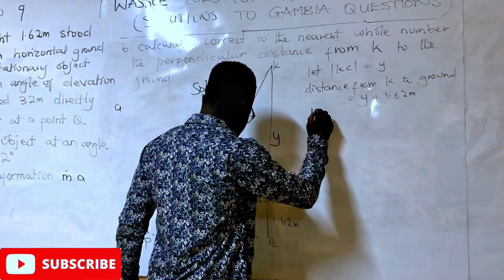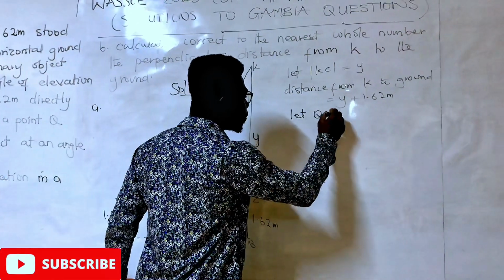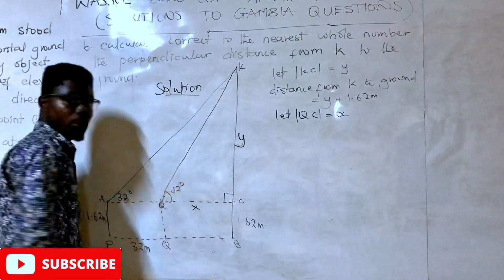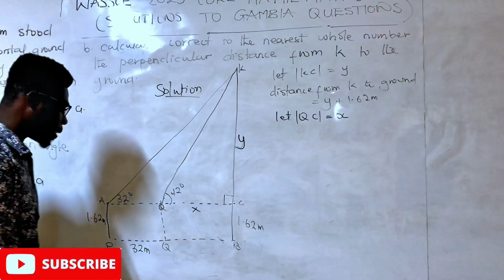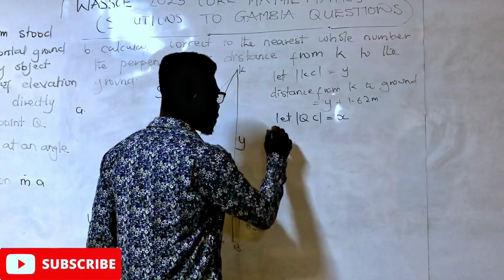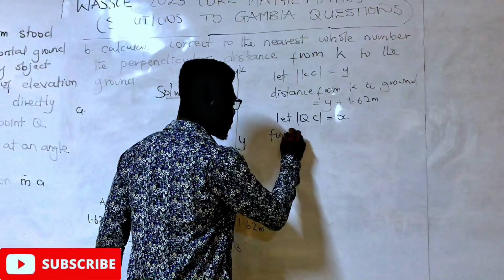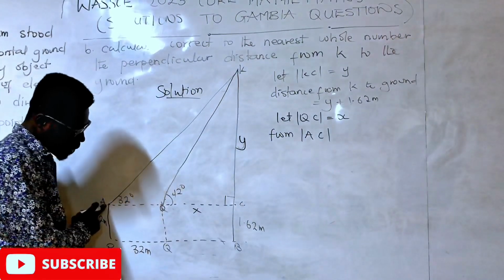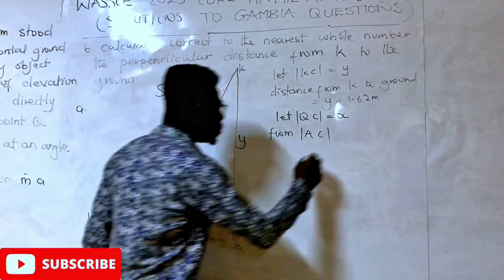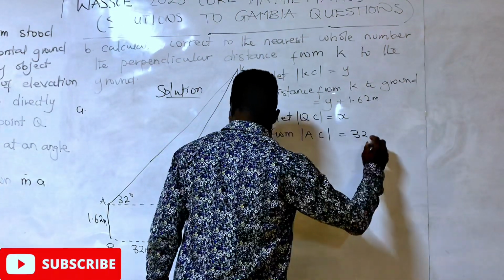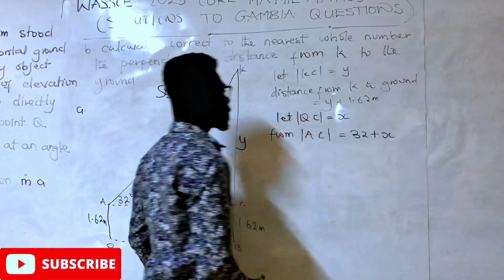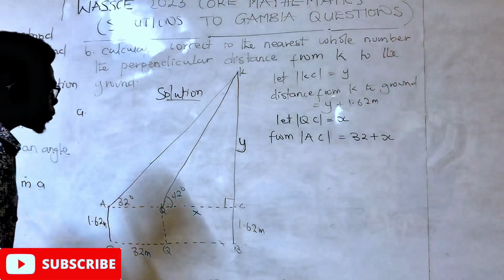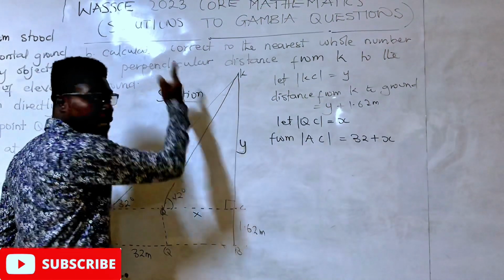Now we can also let the distance from Q to C be equal to X. So if the distance from Q to C is X, then we can say that length A to C, that's from where the man stood to this side, is going to be 32 plus X. So what we want to do is to find the angle here.